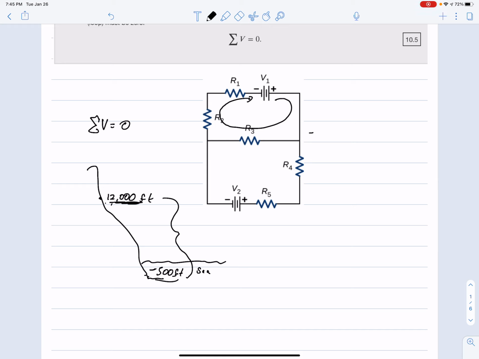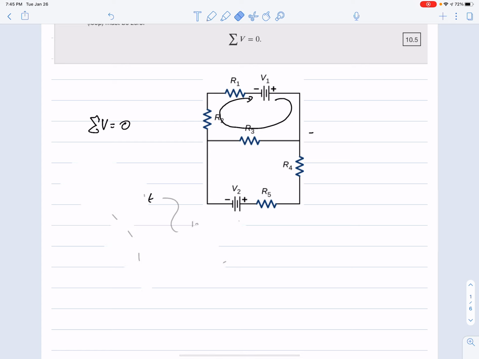My change would be 12,500 feet. So it is very much the same way for electric potential, or not electric potential, I'm sorry, in terms of voltage, where I have to measure in terms of a reference point that I choose.